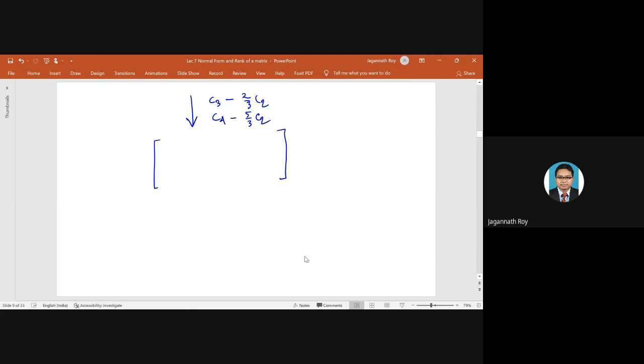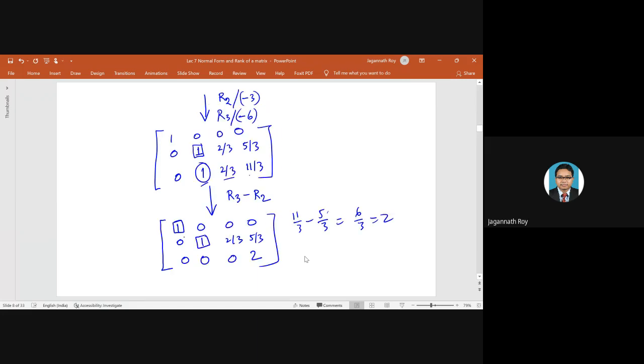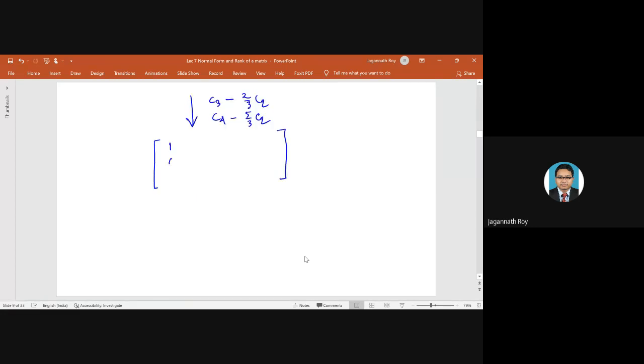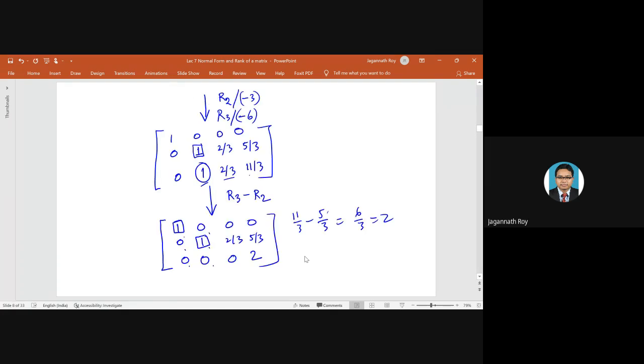So this will give us 1, 0, 0, 0, 1, 0. Let us write down column wise 1, 0, 0, 0, 1, 0. And then here what we have is 0, here also 0. So this is C2, this is C1, this is C3, and C4.